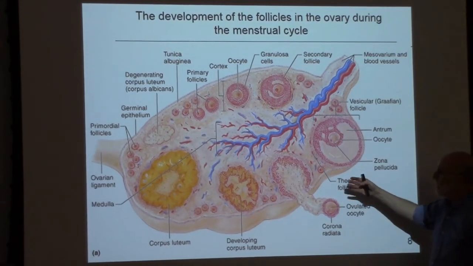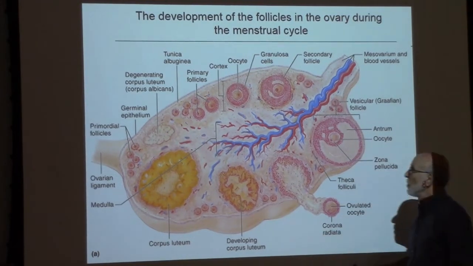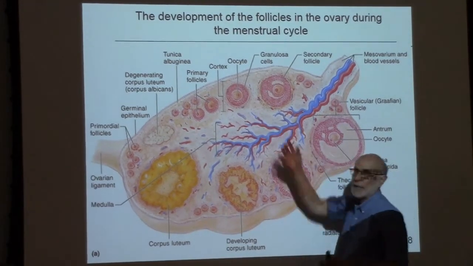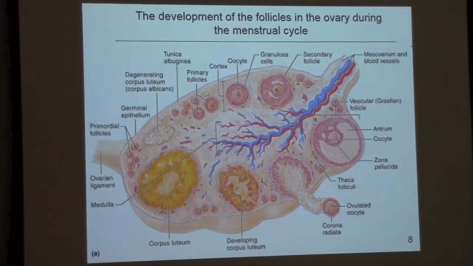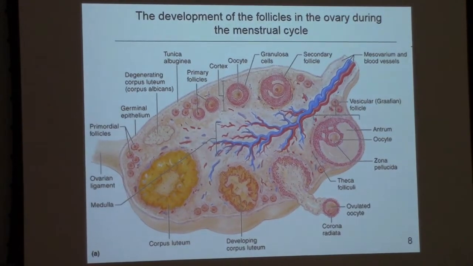Theca, corpus luteum, pretty much summarizes it. The ovary has a cortex and a medulla that I don't need you to commit to memory, but just so you know, it's true.